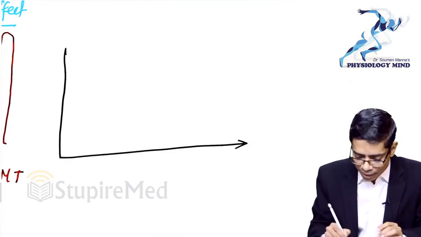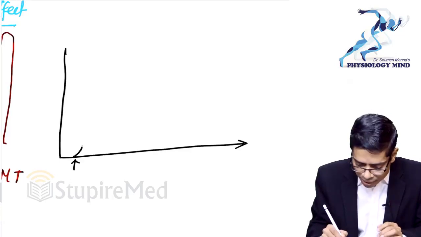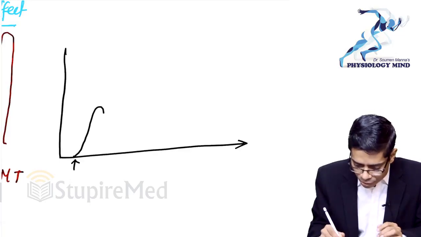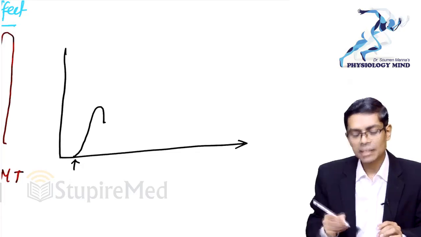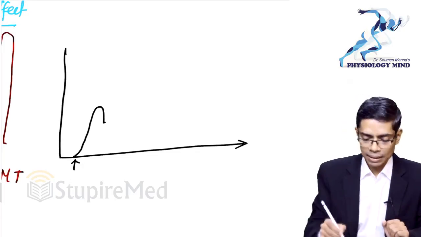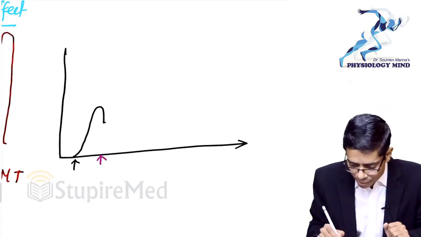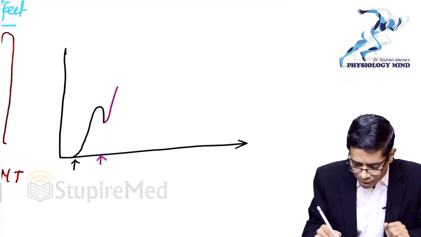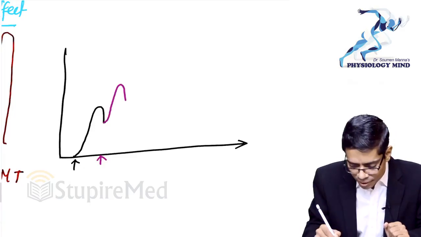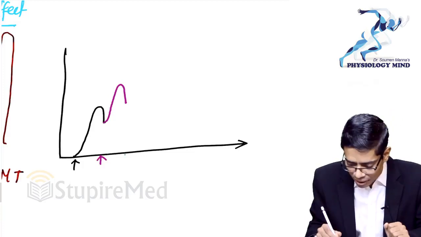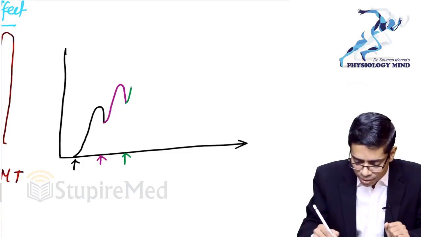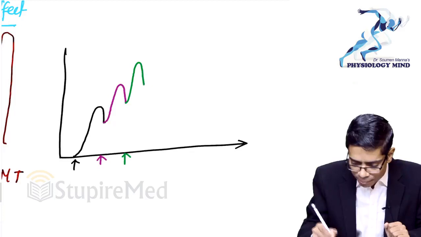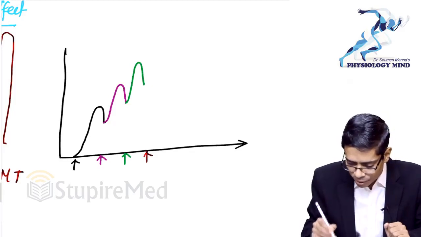So now I have given one stimulus, muscle contraction, relaxation is going on, but relaxation is halfway. At that time I have given a second stimulus. So second contraction, second relaxation is going on, relaxation halfway, again I have given a stimulus. Third halfway, again I have given a fourth.